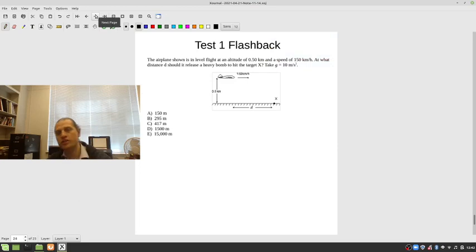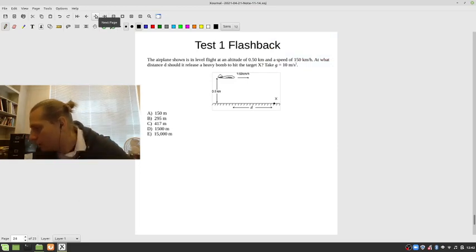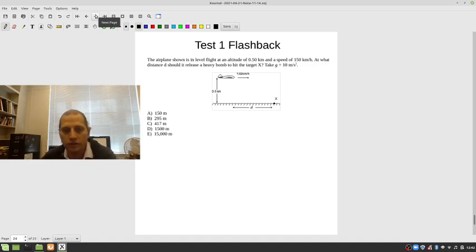So here's a question I gave you on test 1, and I think I'm going to give it to you again because there was a lot of confusion over this one. And I think when I gave it to you back then, I split it up into a short answer. That seems like a good strategy again. It says the airplane is in level flight at an altitude of 0.50 kilometers at a speed of 150 kilometers per hour.